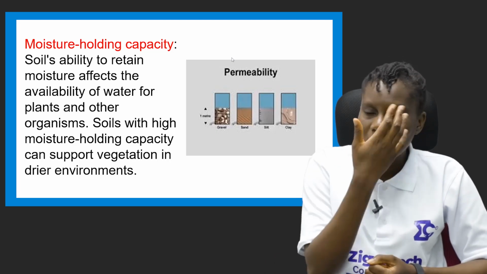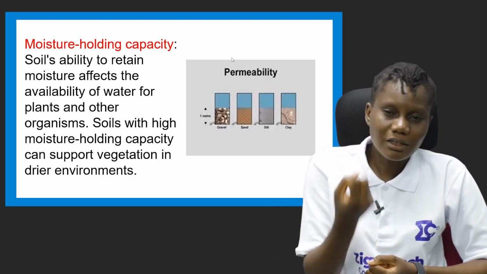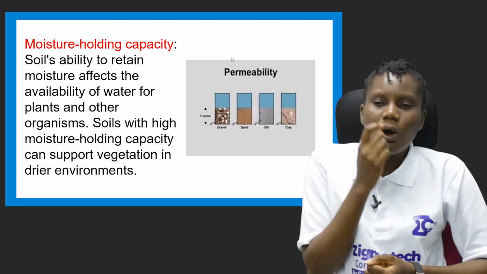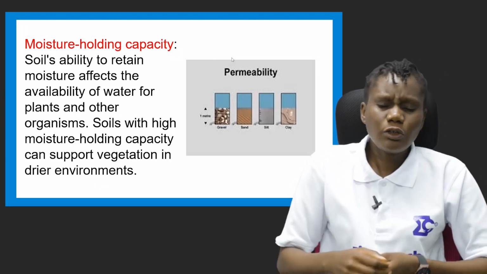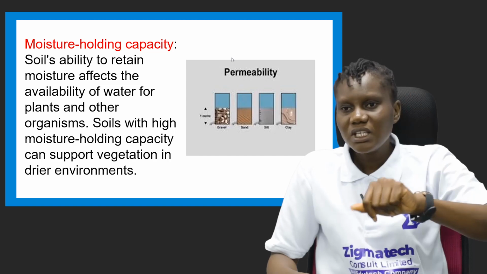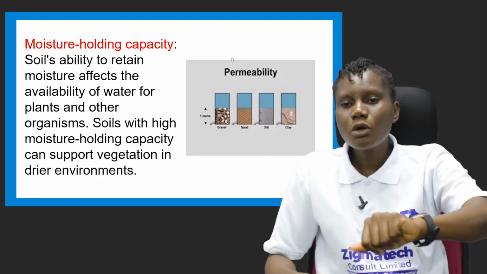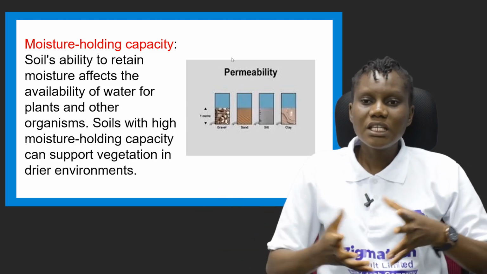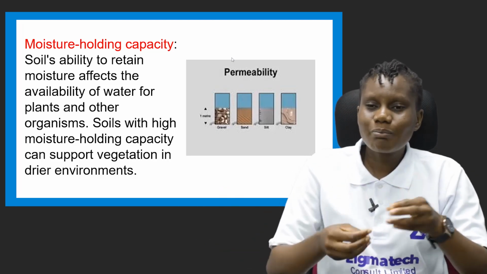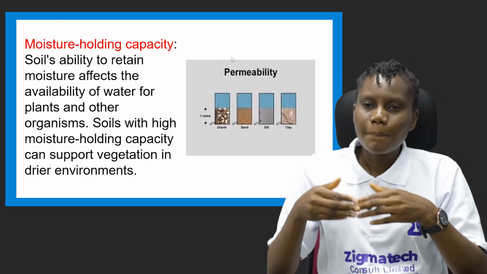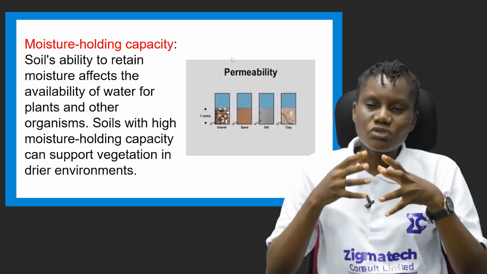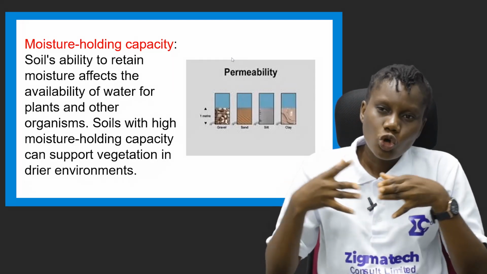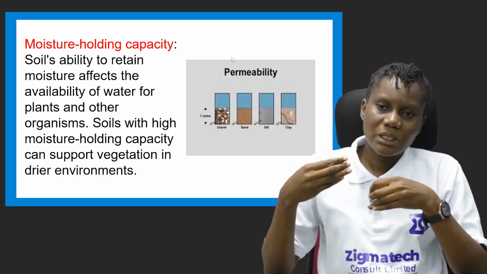When the texture is fine, it can absorb water and hold water for a long time. Unlike your sandy soil, which absorbs water quickly and passes it out very fast because it is coarse, and water particles can easily pass through it. So soil's ability to retain moisture affects the availability of water for plants and other organisms.